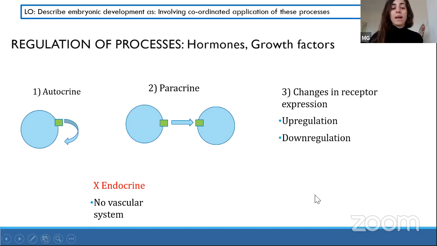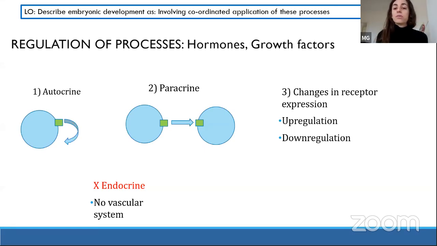We all know endocrine regulation of hormones, right? But this is happening in the blood, and it's not possible in the embryo at this stage because the embryo doesn't have a vascular system at all. We're talking of a few cells. So hormones and growth factors are very important in the embryo, and they act in an autocrine and a paracrine manner.